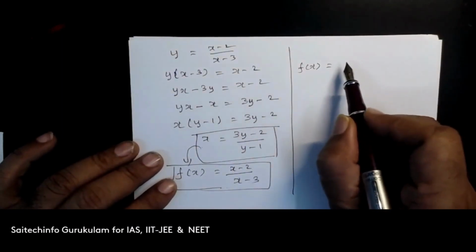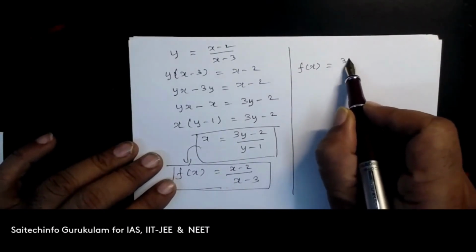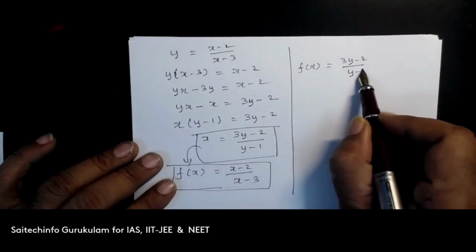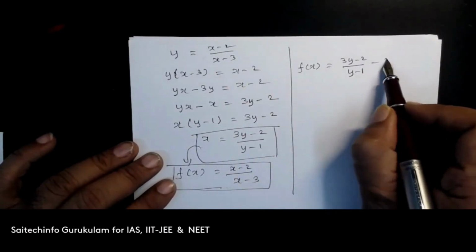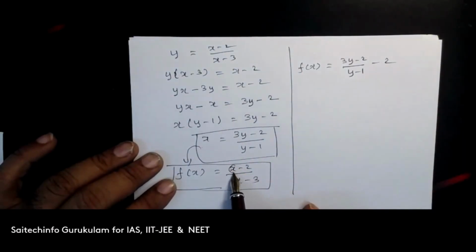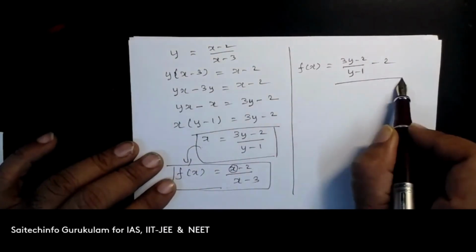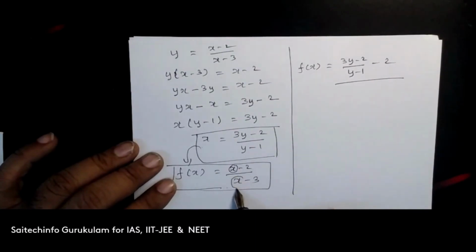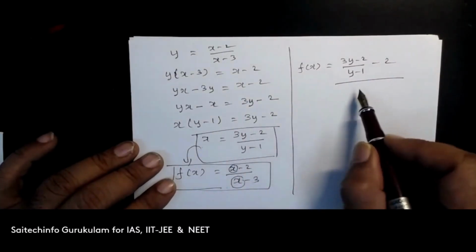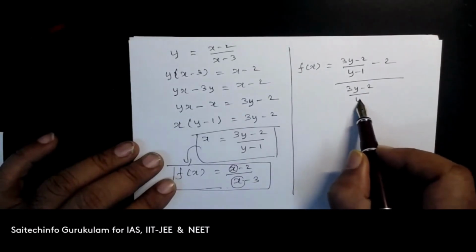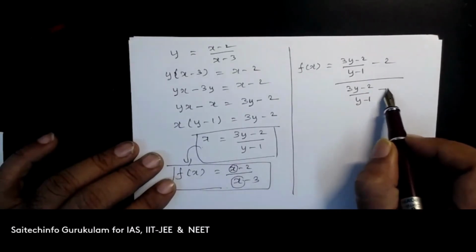So 3y minus 2 divided by y minus 1 and then minus 2. So I have replaced this x by this value of x, whole divided by, and this must be substituted by this value, so 3y minus 2 divided by y minus 1 minus 3.